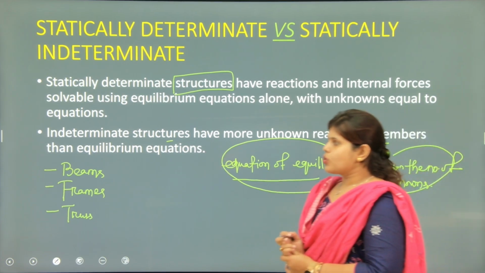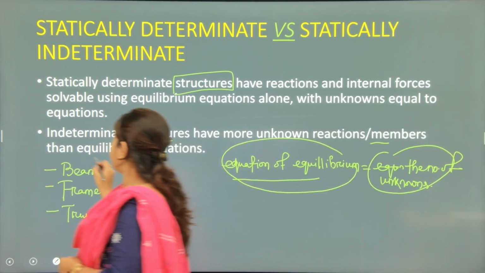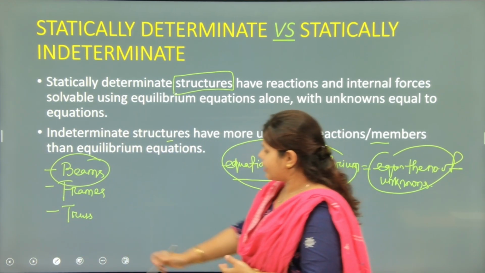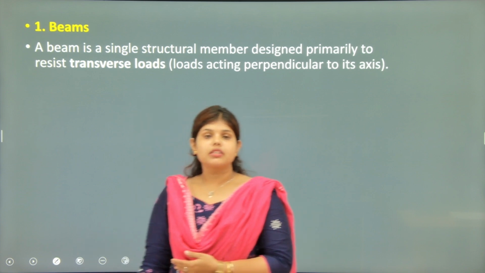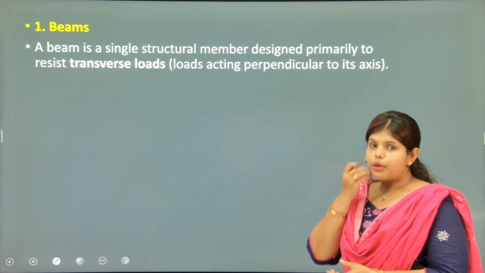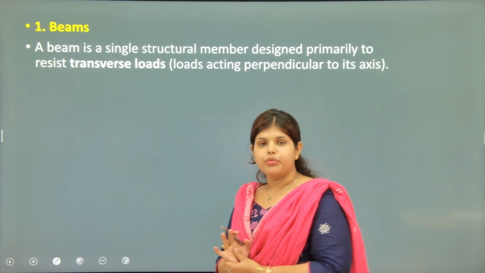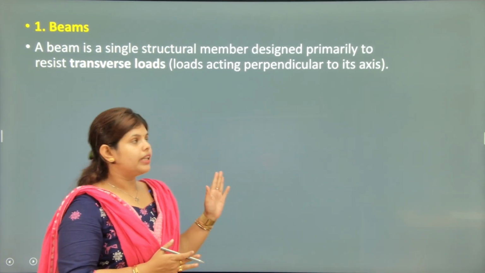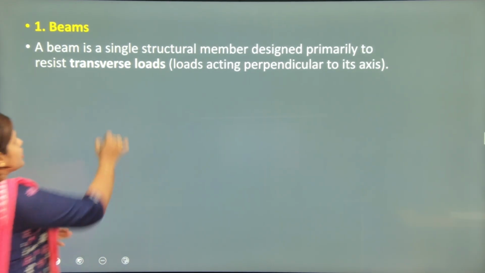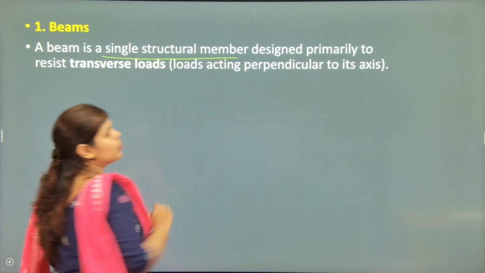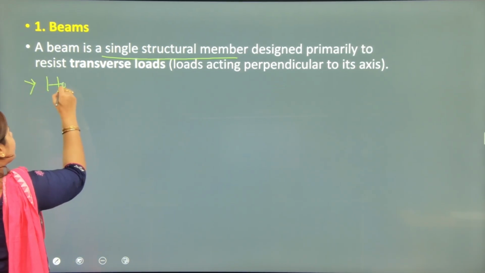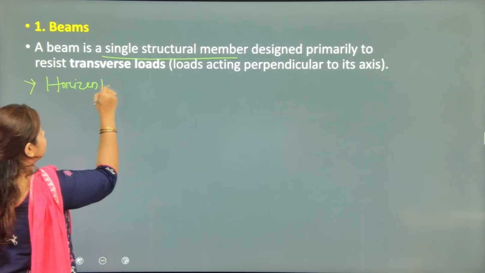Okay. So let's understand the beam first. First we will understand what a beam is, then we will go for whether the beam is statically determinate or indeterminate. A beam is a single structural member that is designed primarily to resist transverse load. A single structural member. I can say another point, a single horizontal member.